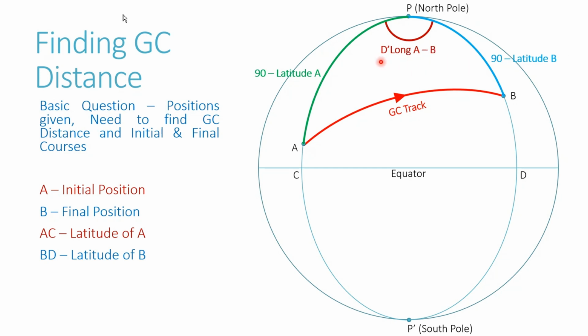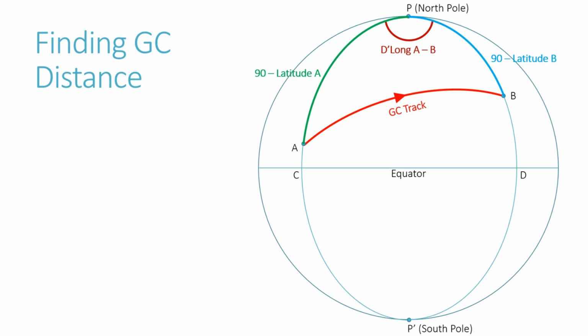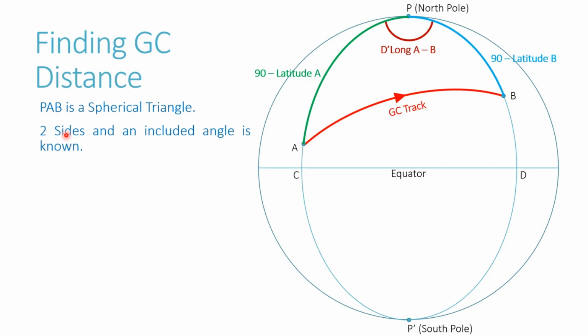You can see here this angle P is equal to the D long between A and B. So we now know that this triangle PAB is a spherical triangle, and two sides and an included angle in this triangle are known to us. So we can apply the cosine formula.